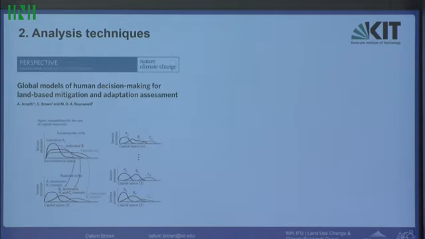Those data can also be used to develop new generalizations or aggregations of data to provide more informative models. This paper suggested the use of human or agent functional types in analogy to the use of plant functional types in vegetation models, which are used to boil down, to reduce complexity and isolate the key differences between groups of species, so that they can be efficiently simulated over very large spatial scales.